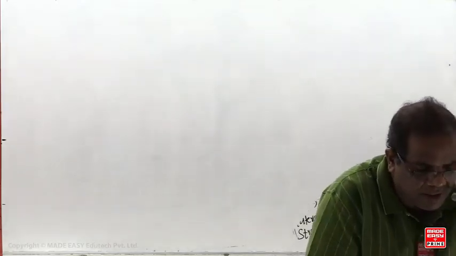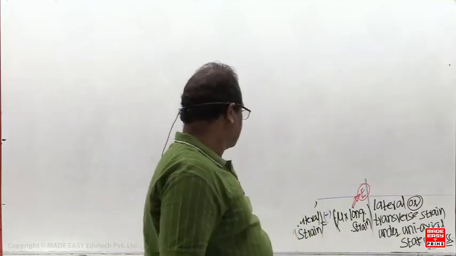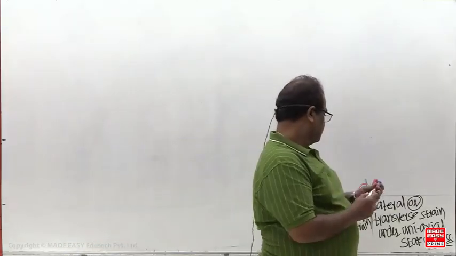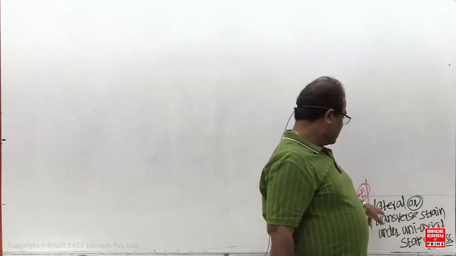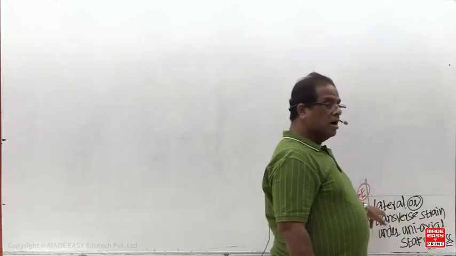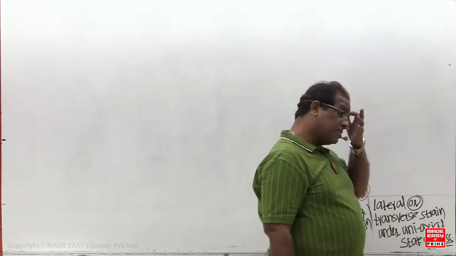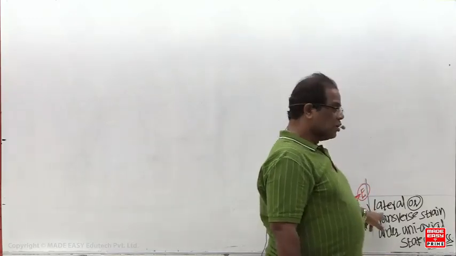Maybe the prime symbol is hiding. Write down here the lateral strain. Those who are unable to see it because the logo is covering the prime symbol, write down in the last column.